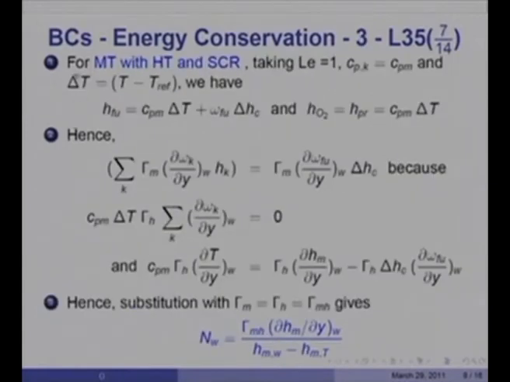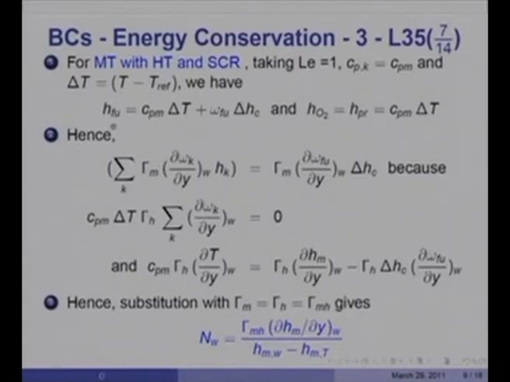Let us see the numerator when mass transfer with heat transfer and simple chemical reaction. Now here we take Lewis number equal to 1 and also say that Cp_k will be equal to Cp_m, and for the moment let's say delta T stands for T minus T ref.